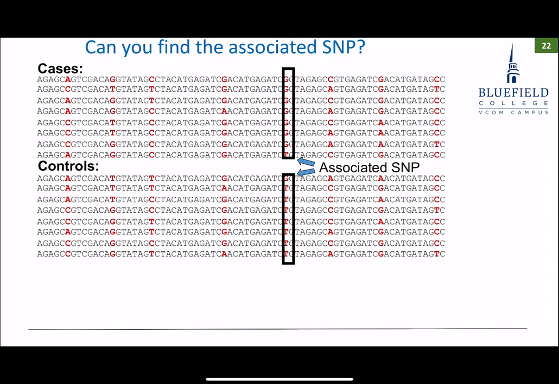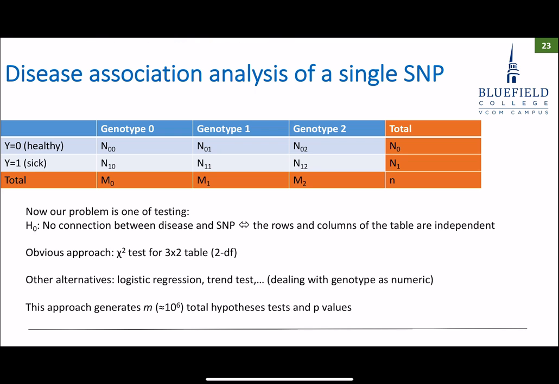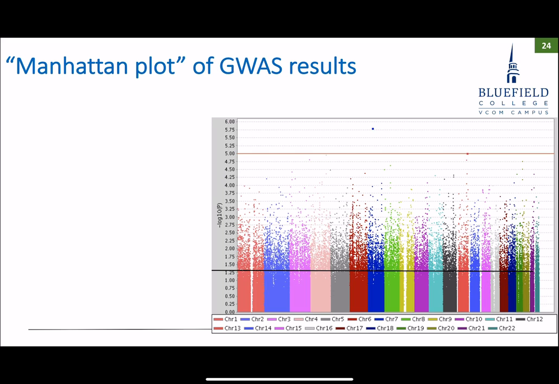So we construct a map like this, in which every single dot represents a statistical test and a table like that I showed you before. The horizontal axis is for the genetic position, right? And again, every dot is a statistical test from a table based on the counts that I just showed you.